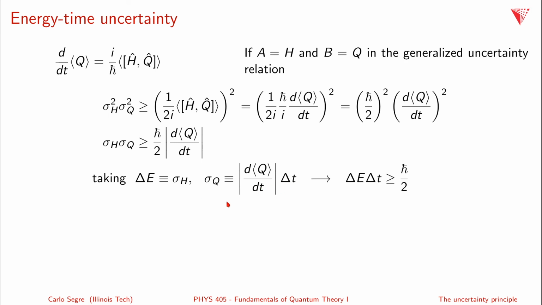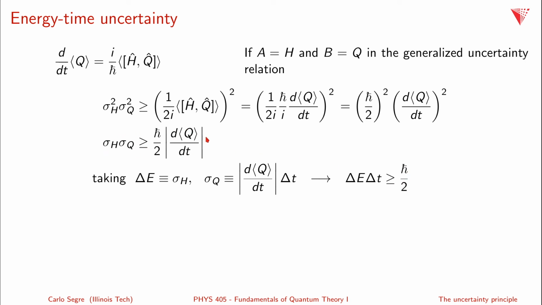Well, if I rearrange this expression and take delta E times delta t, you can see that this is going to give us delta E times delta t is greater than or equal to ħ over 2.